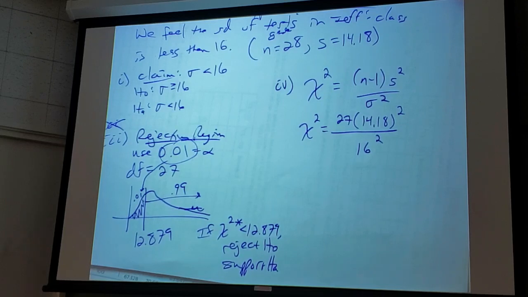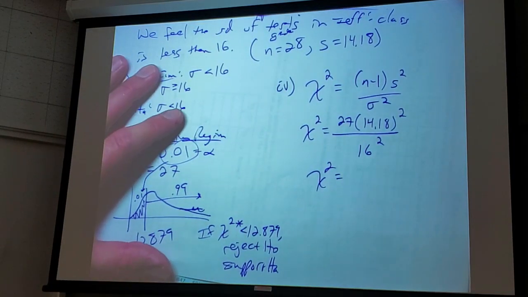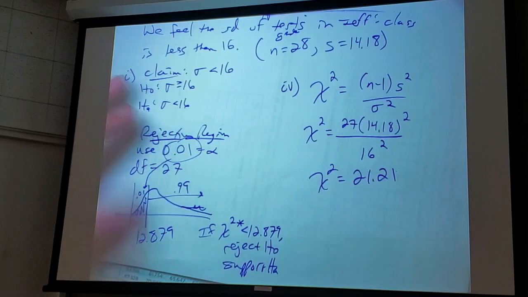Jeff, you gotta count it all in. Holy shit. That was really close. What do you guys get? 2.1 roughly? Is that right? Yeah.